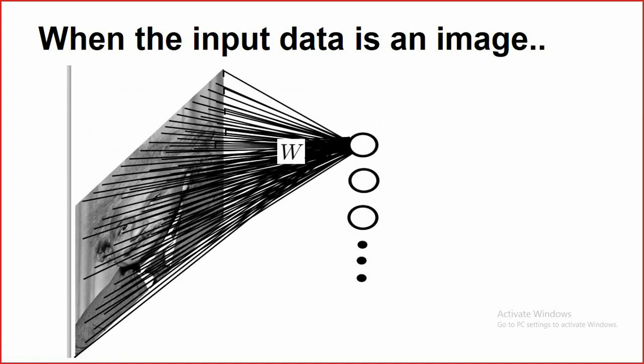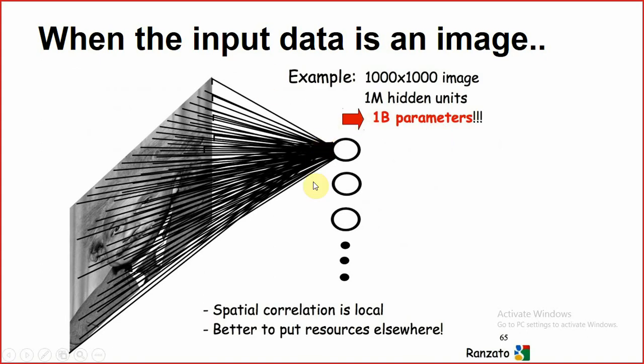But the neural network cannot be used successfully in image recognition, because in a neural network each of the neurons should be connected to all of the pixels. For example, here, if we have an image with 1000 by 1000 pixels, and assume that we have 1 million hidden units, then we have 1 billion parameters, which is not possible to train even with a supercomputer.